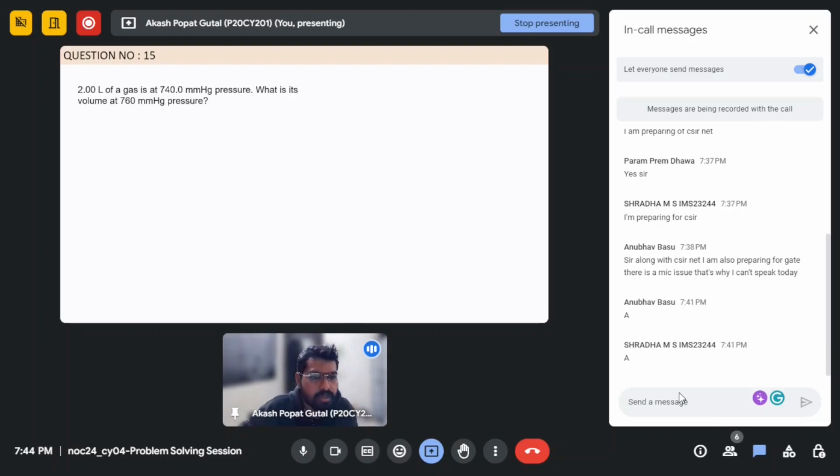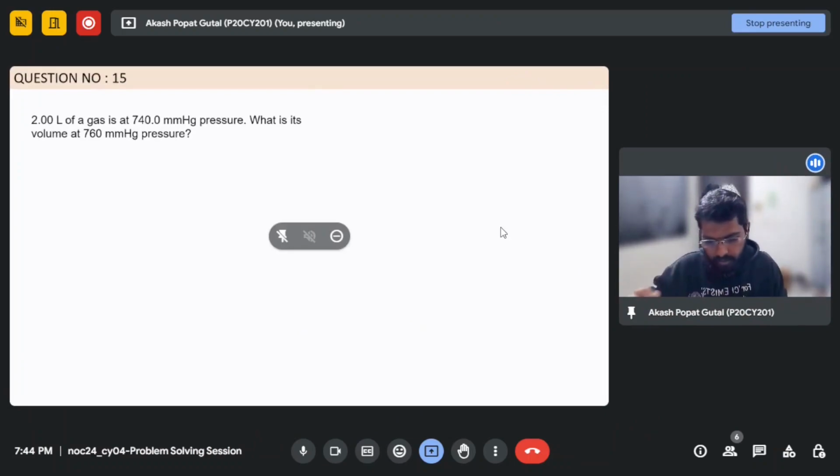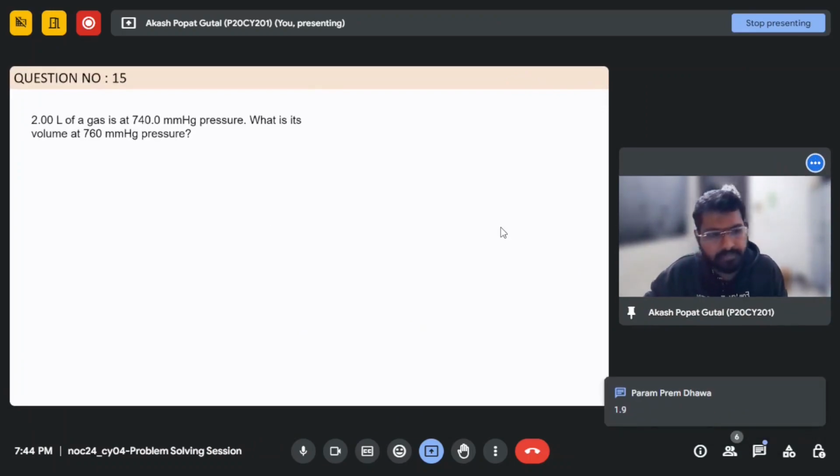Anubhav Basu, okay, can't. It's okay. If there is an issue with the mic, you can type. The hint for this question is that it's related to Boyle's law.